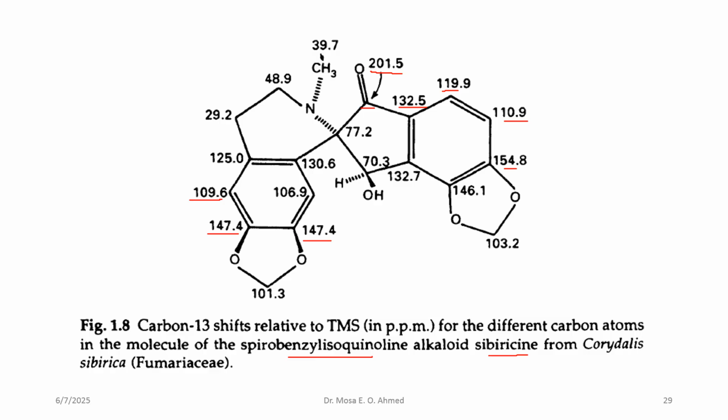The other, aliphatic hydrocarbons, range from 0 to 40, this methyl group, 39.7 and also 29.9. These are aliphatic carbons.